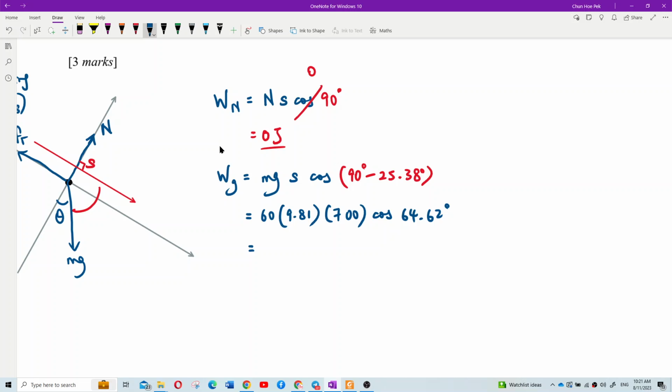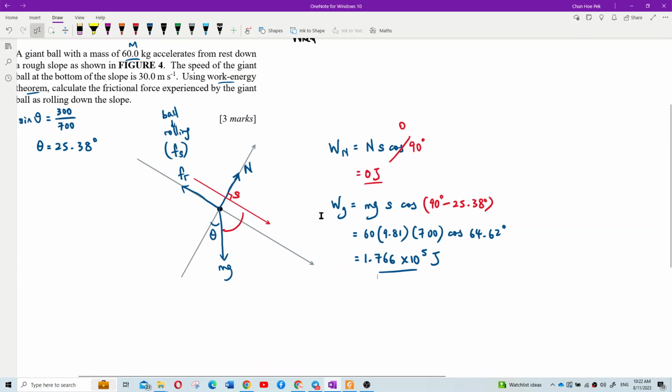So what is the value? 1.766 exponent how many? 3, 4, 5. 5 joule. Wow.